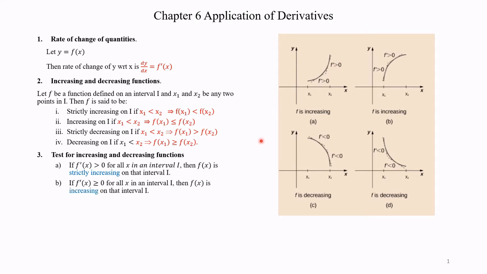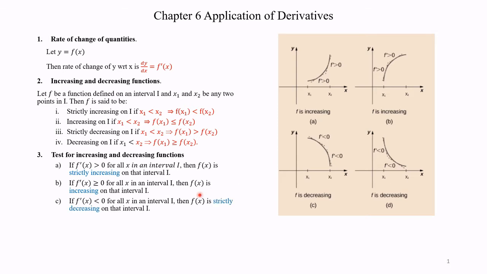If f dash x is greater than or equal to 0 for all x in the interval I, then f of x is increasing on that interval. So, if it starts from 0 and goes on increasing, then it is increasing on that interval.